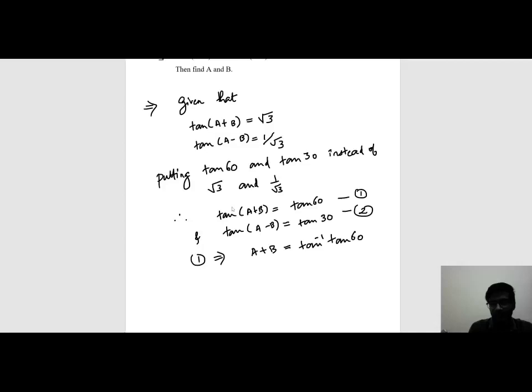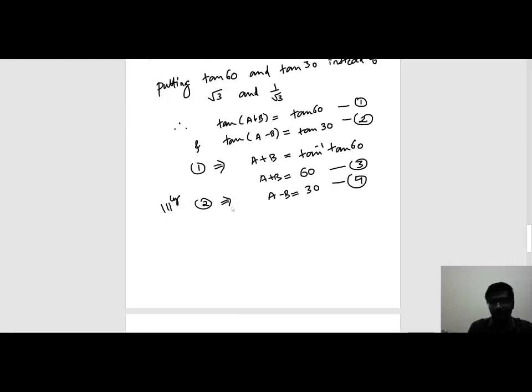Then this tan inverse and this tan will get cancelled, and we will get a + b is equal to 60. Similarly, equation 2 will give you a - b is equal to 30. Now let's name this as equation 3 and this as equation 4.